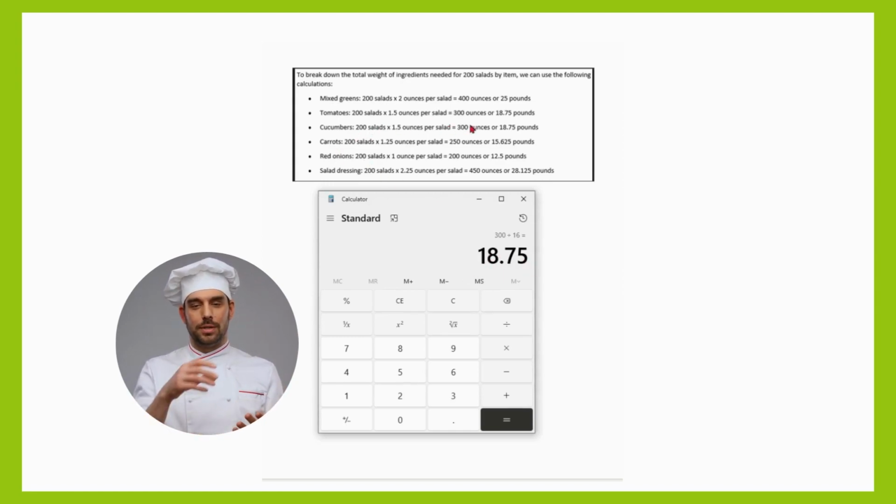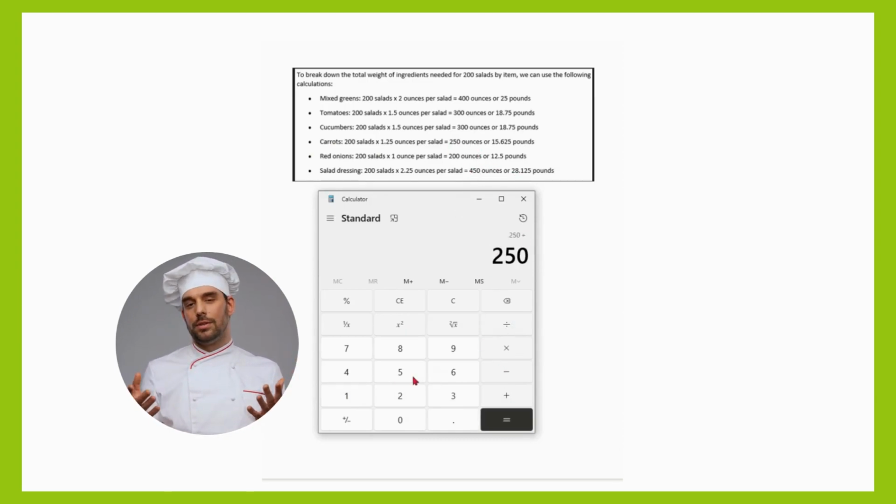Okay, so it's the same thing. It's the same calculation for the cucumbers, obviously, because it's 1.5 ounces, so the same amount of weight on the plate. And the carrots, it's a little smaller for the carrots. So let's go to the carrots. 200 guests times 1.25 ounces of carrots per salad equals 250 ounces.